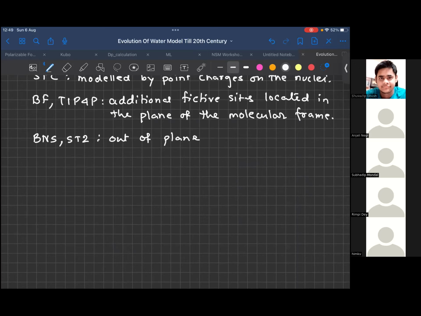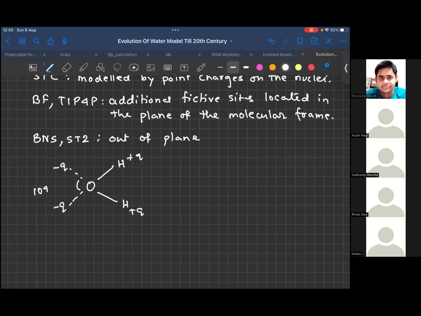Suppose this one is oxygen, this one is hydrogen, and they have located the lone pair charge at this position, minus q, and these are plus q. So these angles are basically the exact tetrahedral angle.